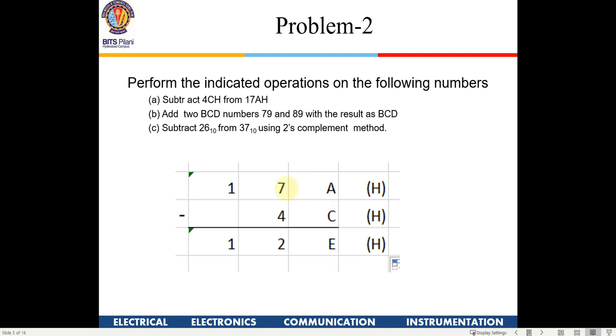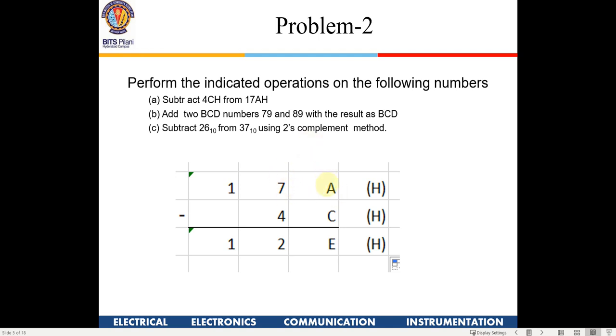In hexadecimal numbers, we have 0, 1, 2, 3, 4, 5, 6, 7, 8, 9, and then A, B, C, D, E, F. It can go up to 15, so 0 to 15 is 16 unique numbers. A corresponds to 10 and F corresponds to 15.